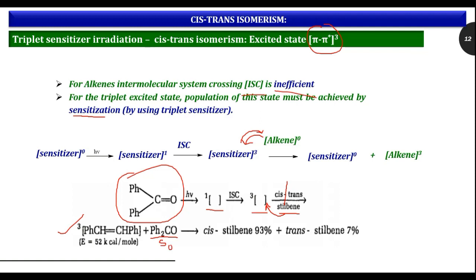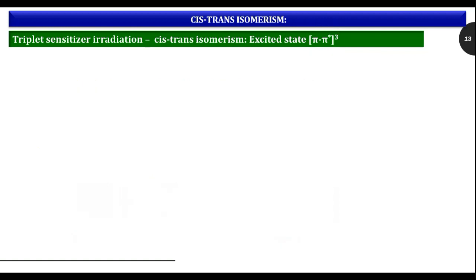So now this stilbene undergoes cis-trans isomerization. Here cis stilbene is present in 93%, and trans stilbene in 7%. So friends, let's see the triplet sensitization, cis-trans isomerization.